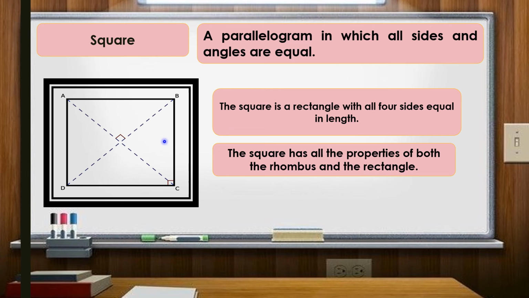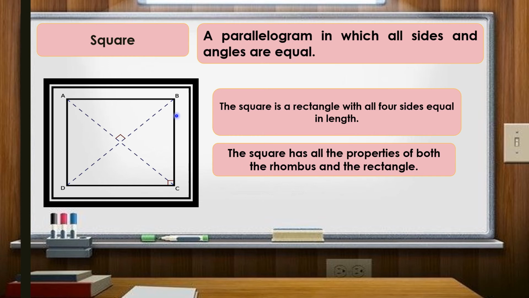Okay, what do you call that? If they have the properties of both rhombus and rectangle, they are equally shared. Therefore, that is a square. As you can see, a parallelogram in which all sides and angles are equal. Trivia: a square is a perfect quadrilateral because of its equal sides and also equal angles.